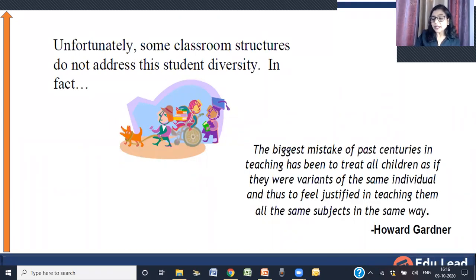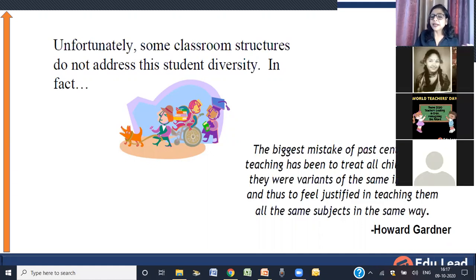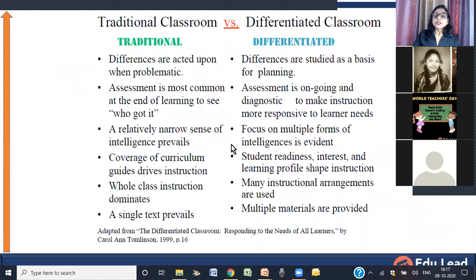This is none other than Howard Gardner saying this, that we feel absolutely justified in teaching all the students in absolutely the same way. Okay, so now that all of us are here to understand differentiated instruction, we definitely want to address this student diversity. So we'll take a quick look at a traditional classroom and a differentiated classroom.